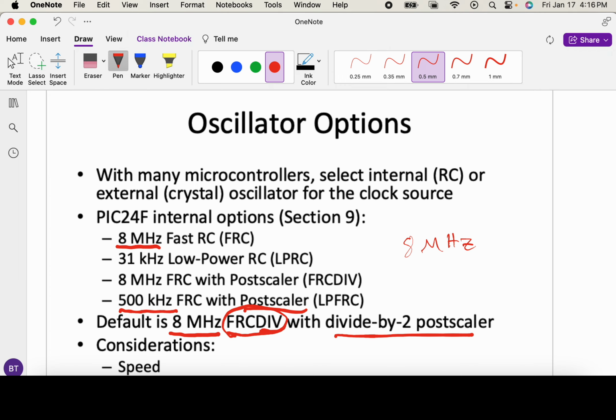You divide that by 2, so then you have a 4 megahertz oscillator, and you execute instructions at half the frequency of your oscillator. So you execute instructions at 2 megahertz. So this is the clock frequency, and this is the oscillator frequency after the divide by 2 postscaler. We'll talk more about postscalers in 1 second. But basically the take-home message is we can set up our PIC to operate at different clock speeds and different oscillation speeds.